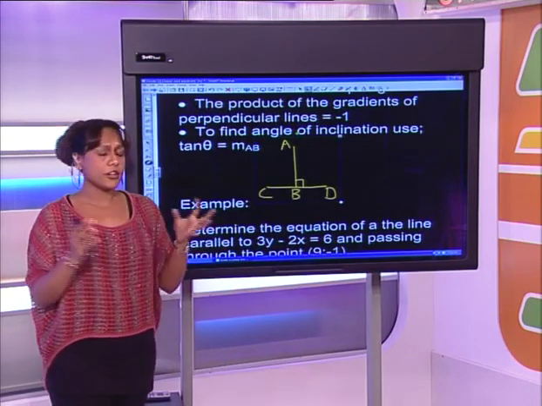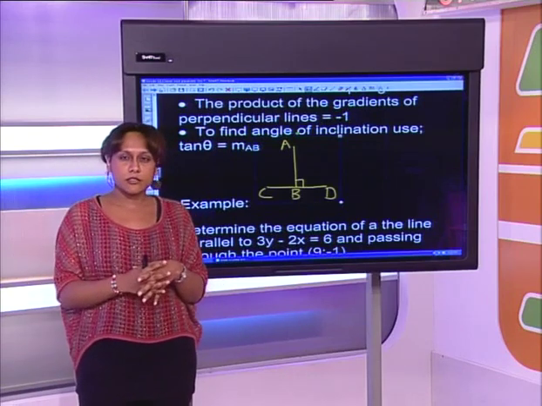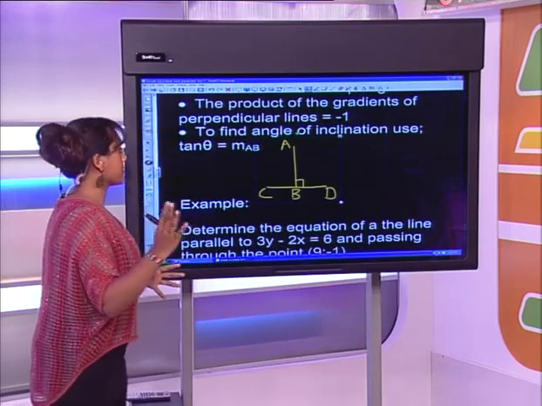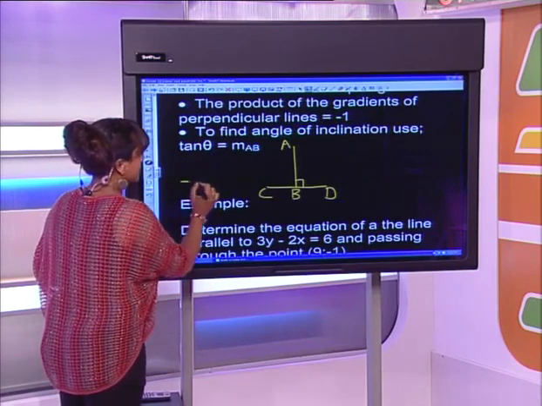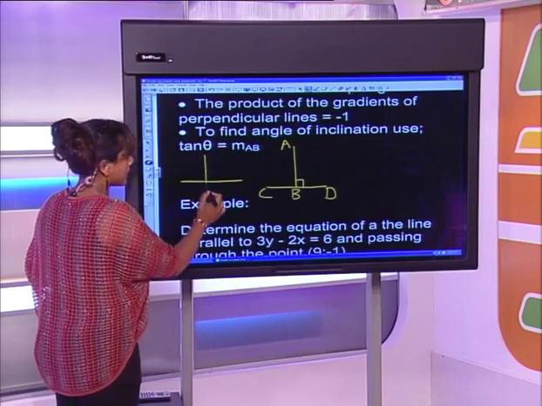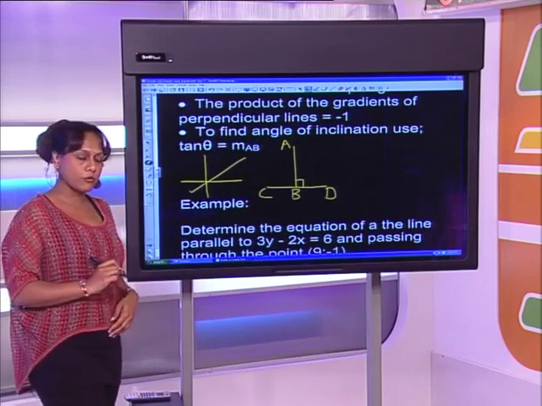The other thing that we're going to just remind you of, once again, you have done this in detail in analytical geometry, is that if you want to find the angle of inclination, so say I have the x-axis and the y-axis, and I have some straight line sloping towards the right.